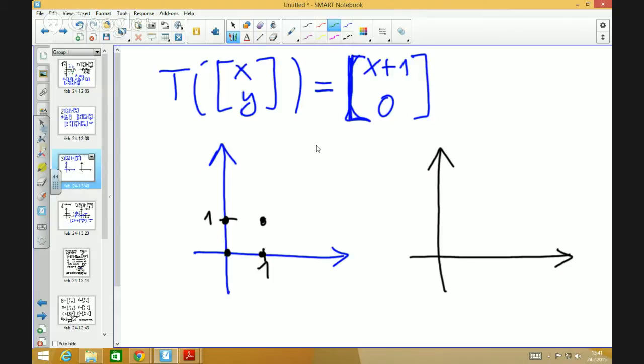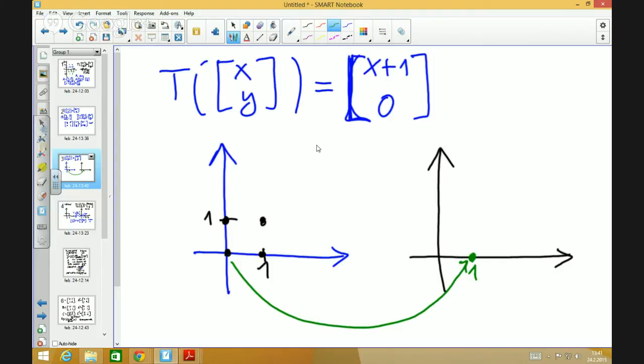The point 0, 0 goes to 1, 0. So this goes to this, because we're increasing the x component by 1, and we map the y to 0. It was 0. How about the point 0, 1?